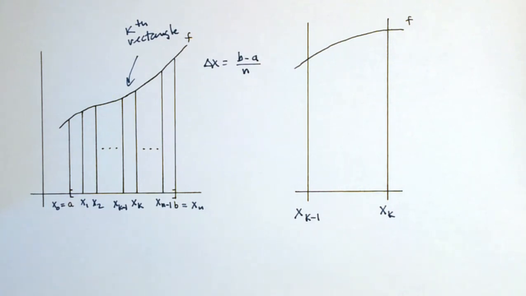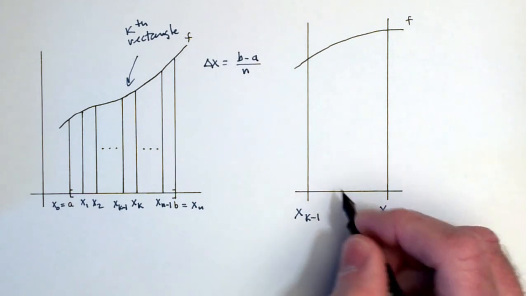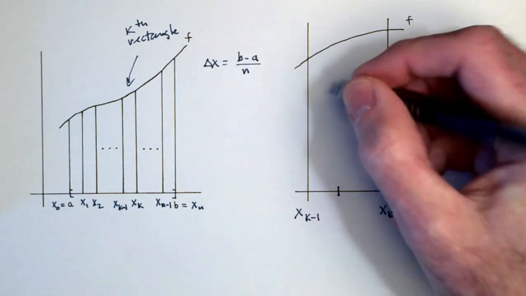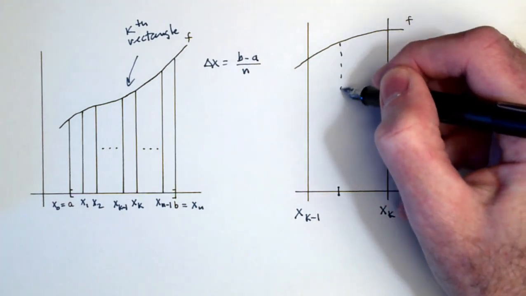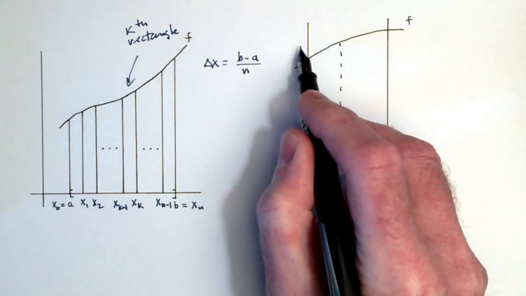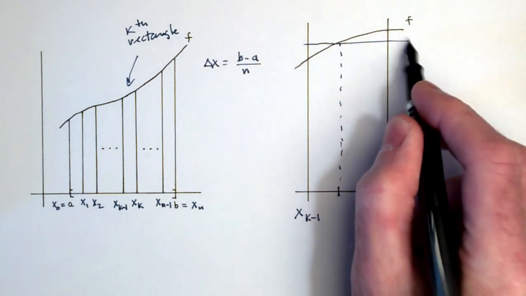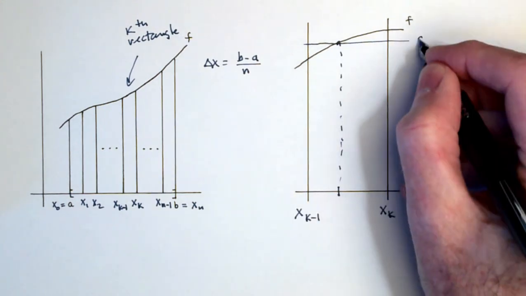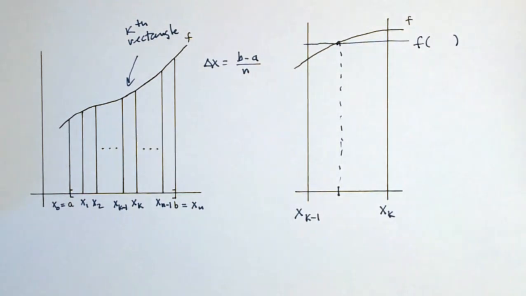What are the heights? Well, we're getting the heights by choosing some x on the subinterval, plugging it into the function, and having that value define the height of the rectangle. And then the rectangle area is our estimate for the area under the curve on the subinterval.